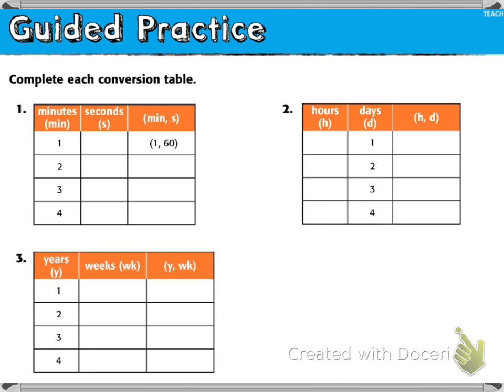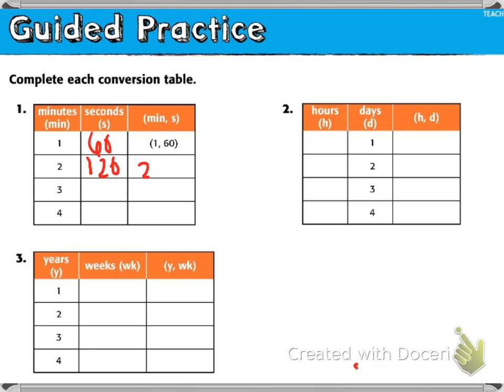All right, now we've got some conversion tables here that we need to work with. 1 minute equals 60 seconds. And over here, see how they wrote 1 and 60? Then 2 minutes would be 120 seconds.